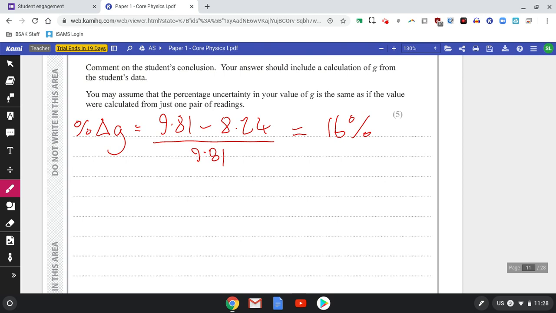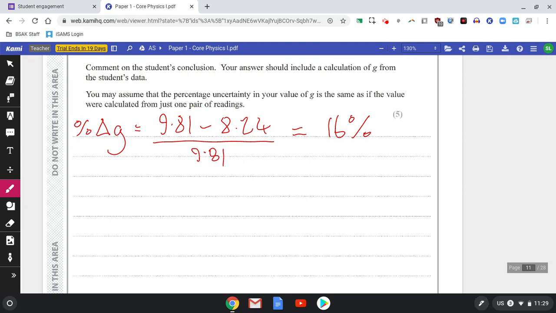So it gives us a very, very important piece of advice here, which is this. You may assume that the percentage uncertainty, not the difference, this is the percentage difference, you can assume the percentage uncertainty in g is the same as the value from one pair of readings.